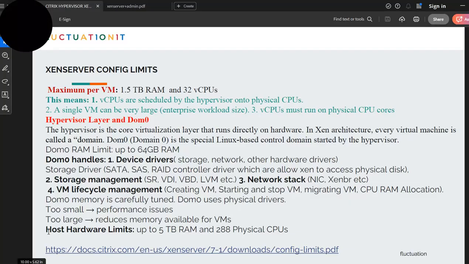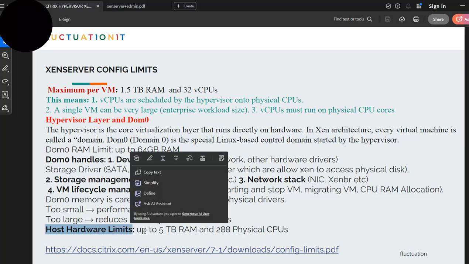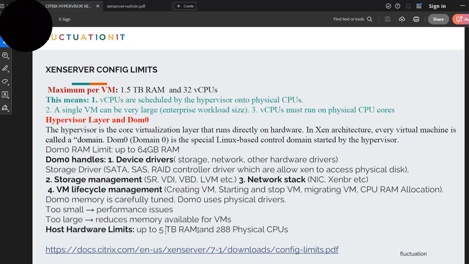And the last configuration is the host hardware limit. Host hardware limit means the XenServer hardware limit. You can buy HP, Dell or Fujitsu servers for XenServer. The physical host supports up to 5 terabytes of RAM and 244 physical CPUs.